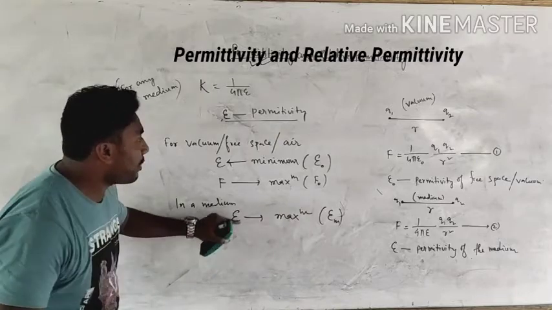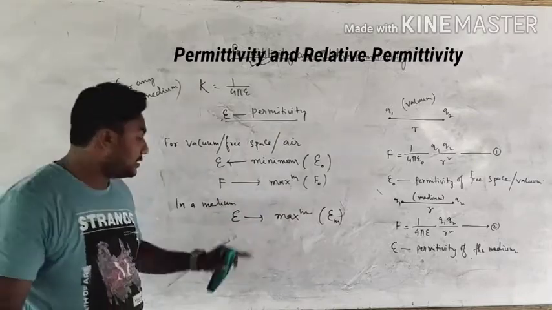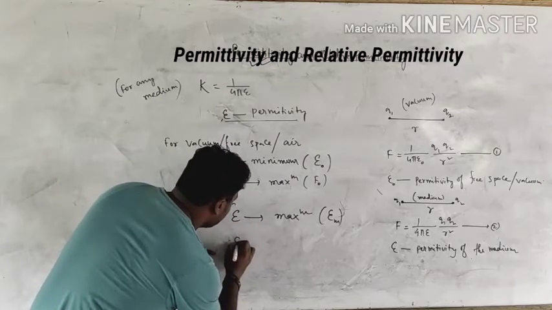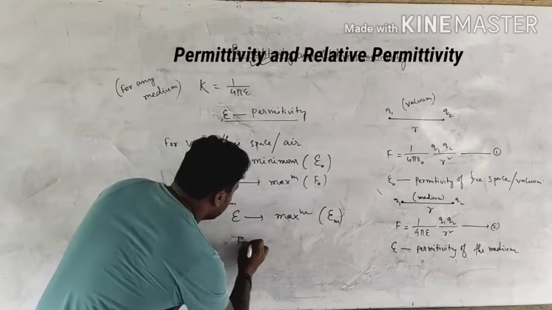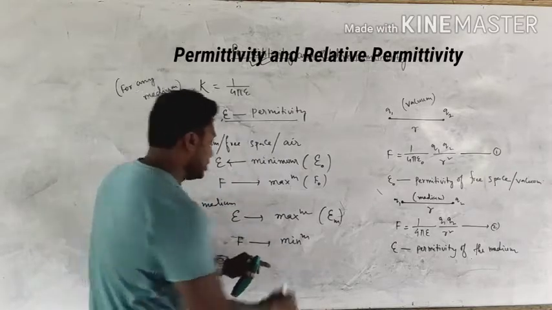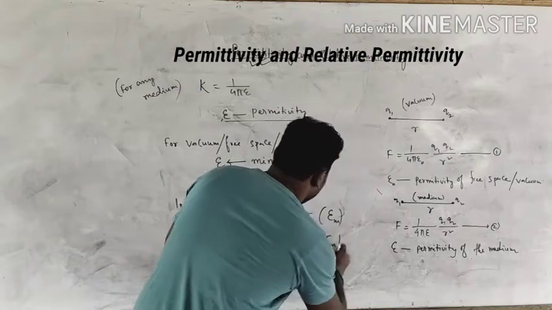And what happens when the permittivity is maximum? The force becomes minimum, and it is denoted by Fm.